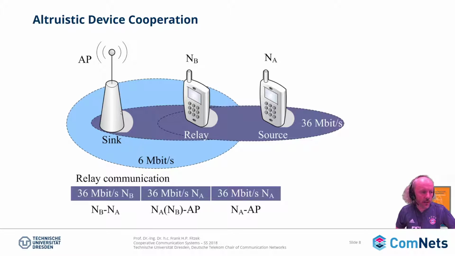If you don't take the highest bit rate but go to the lowest bit rate, you have no chance to reach even node A. So the only way that node A can really reach the base station is by relaying the information. Because of the distance between them, we would assume that node A can reach node B also with 36 megabit, and then node B has to relay it.